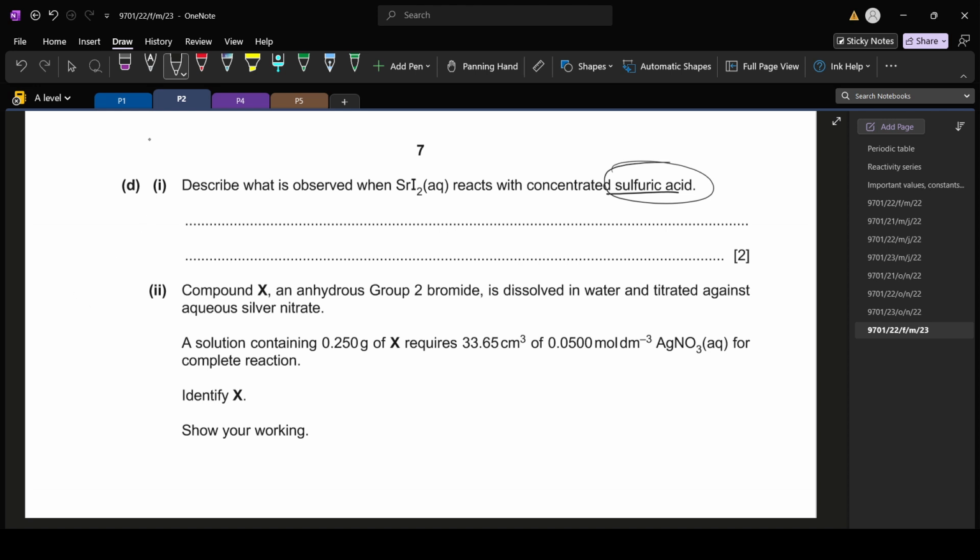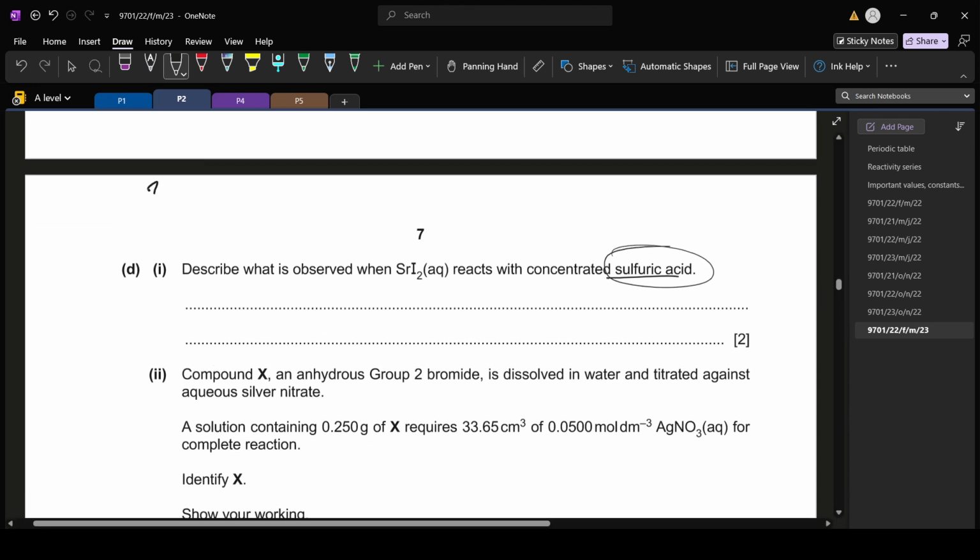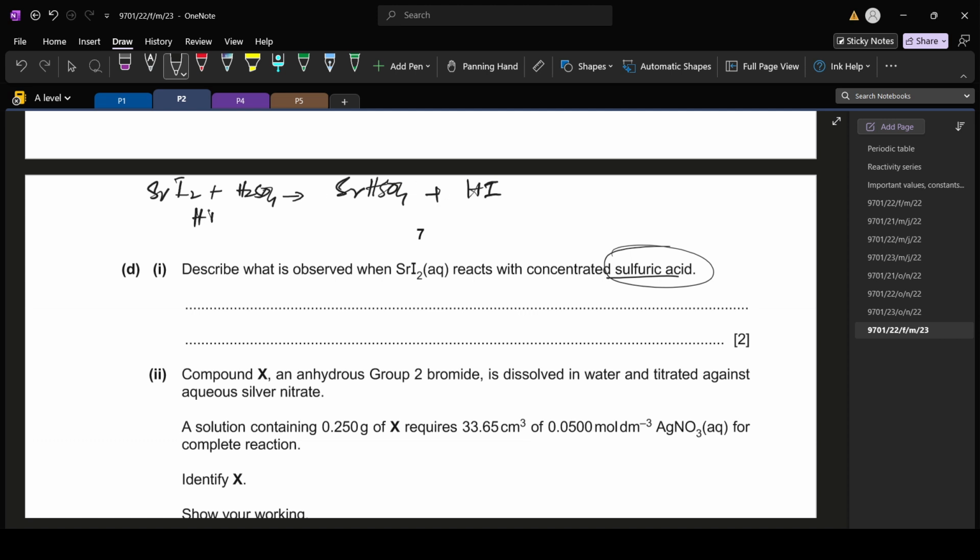When strontium iodide reacts with concentrated sulfuric acid, it will form strontium hydrogen sulfate plus HI, and this hydrogen iodide will further react with sulfuric acid to form sulfur dioxide plus water plus iodine.